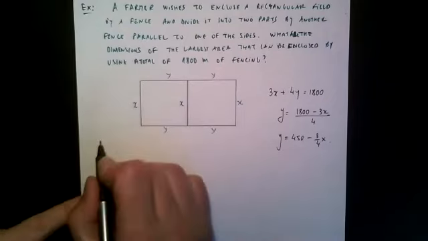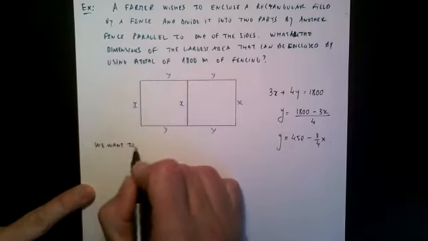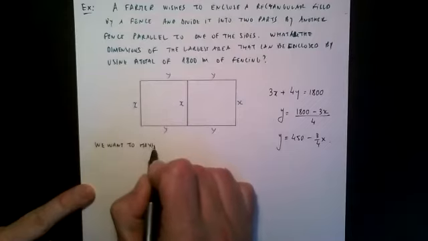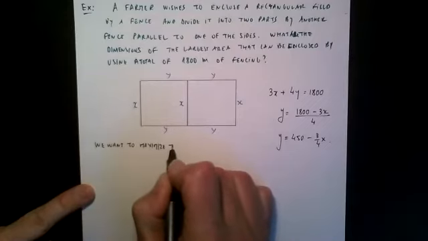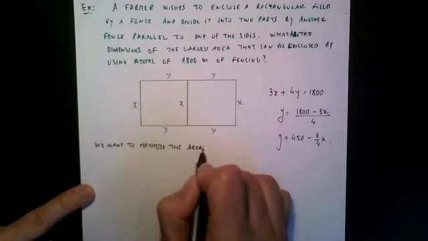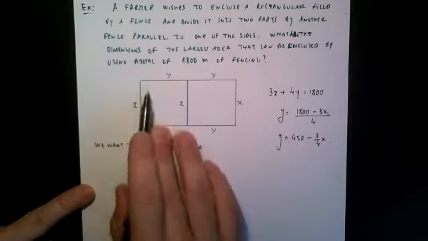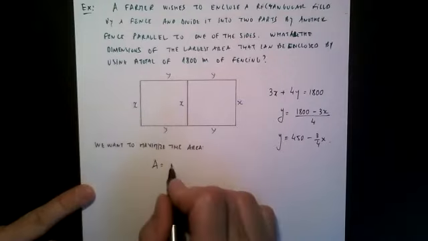And we want to maximize the area. So we want to maximize the area, which is A equals x times 2y, right?